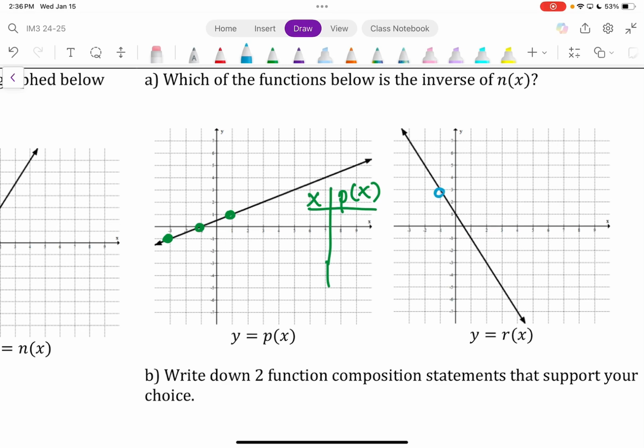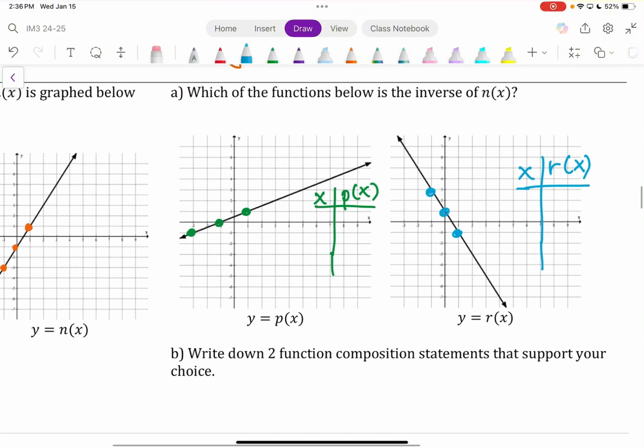And then this point, and this point. All right. So I'll give you guys a few minutes to go ahead and fill out these two tables for x and P of x, and then x and R of x with those points that I put up there. All right, go ahead and take care of that right now, please. Okay.